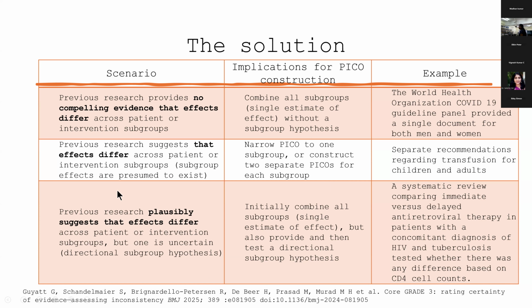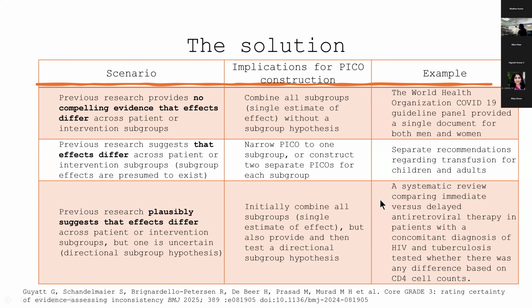Now, the third scenario is previous research shows some difference, but you're not very sure. It's very uncertain if there is actually a difference. Then what you do is you go ahead with an overall analysis, you combine all the subgroups, but you must also specify in your protocol what subgroups you're thinking of and what is the direction of the hypothesis. And once you get the effect, you actually test that hypothesis.